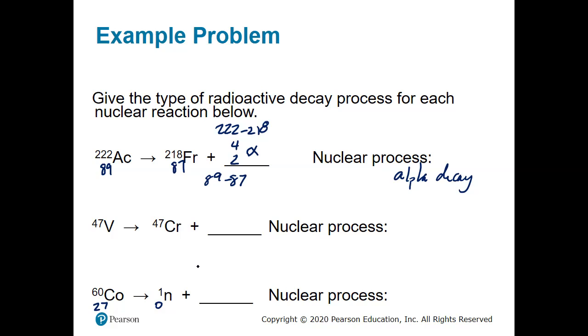So 60 minus 1 is 59. 27 minus 0 is 27. Element number 27 is still cobalt. So in terms of the daughter nucleus, we've identified it. It's cobalt 59.